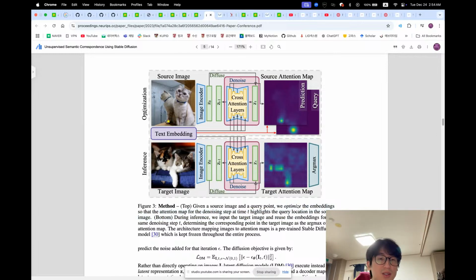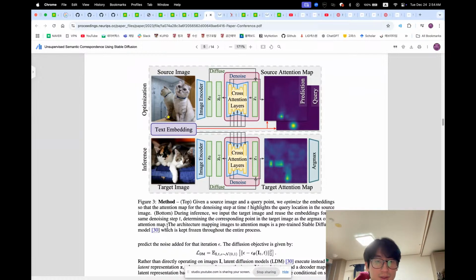So given a source image and a text embedding, what I want is to find a text embedding. What are these two arrows?